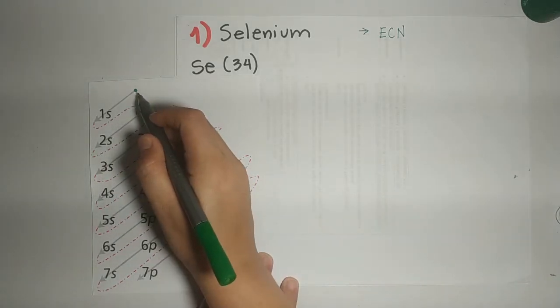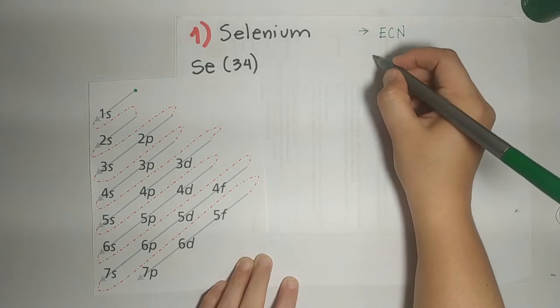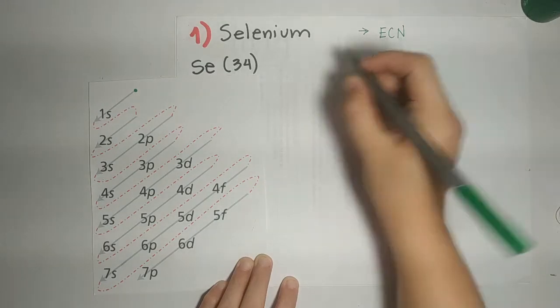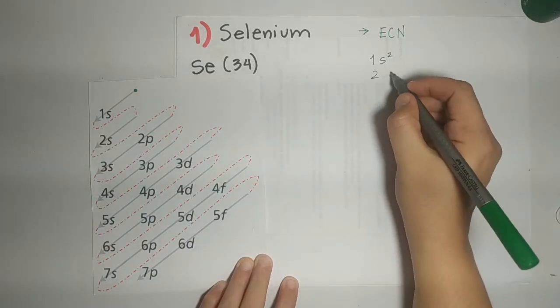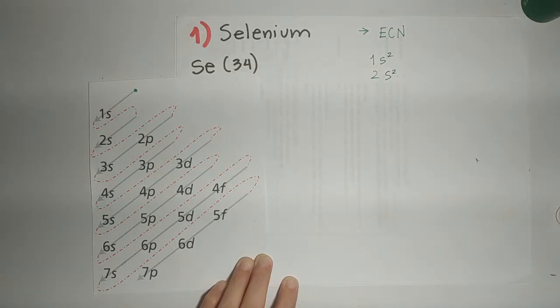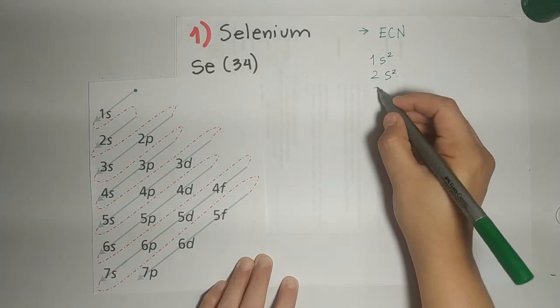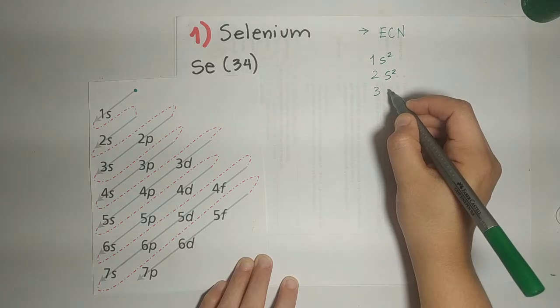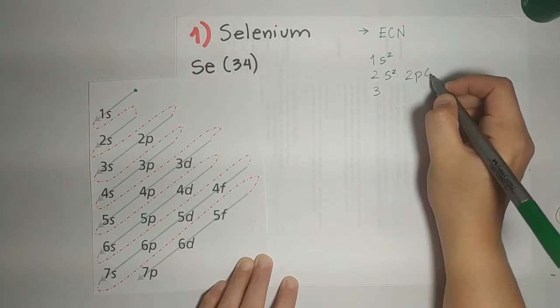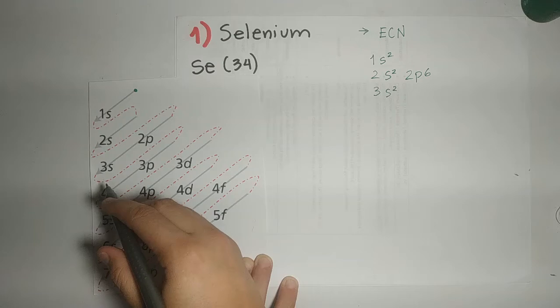So we always start by this point right there, and we say 1s2, 2s2, 2p6, 3s2.